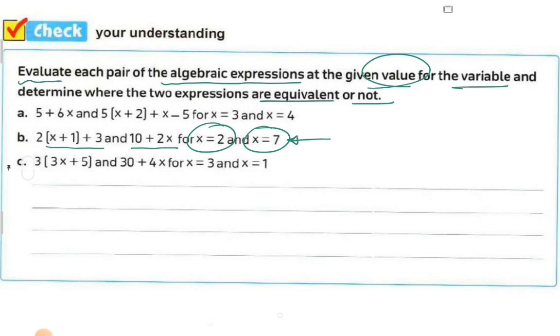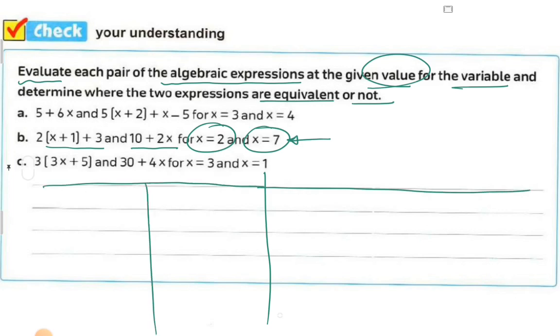Okay, the same idea. Trial number 1, we start with x equal 2. And trial number 2, x equal 7. Substitute x equal 7.